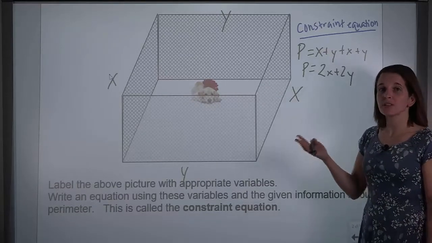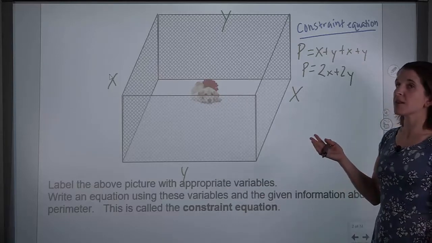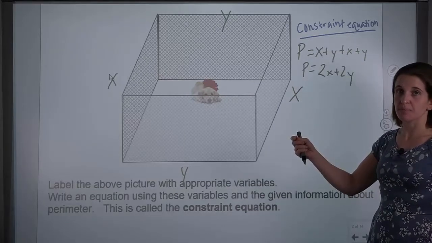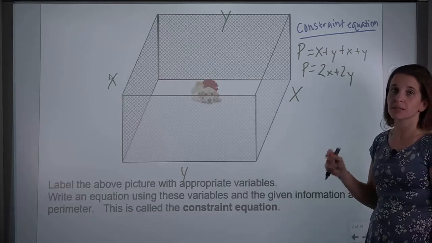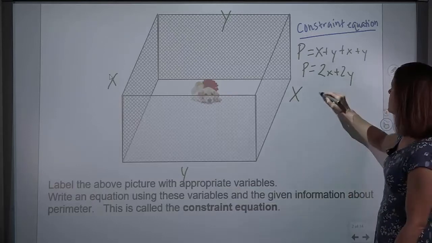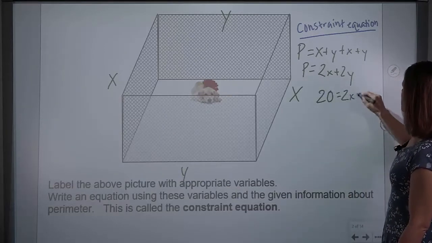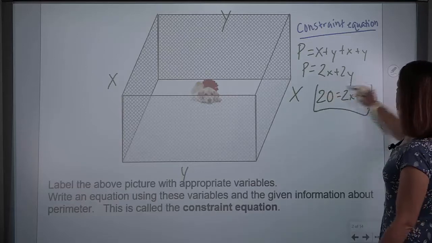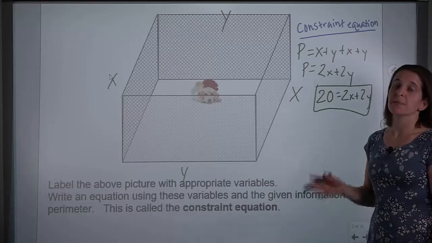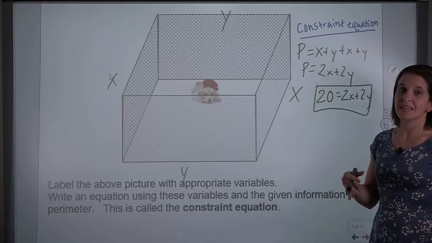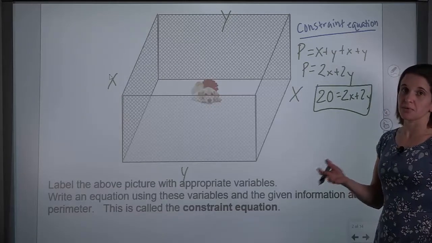Okay, but they specifically told me I only have 20 feet of fencing available, and I want to actually put that number in. So this will usually involve some number that they gave you in the statement of the problem, and that is my constraint equation: 2x plus 2y equals 20. I'm going to come back to that because I'm going to need it to help me in my other equation, which we're about to look at.